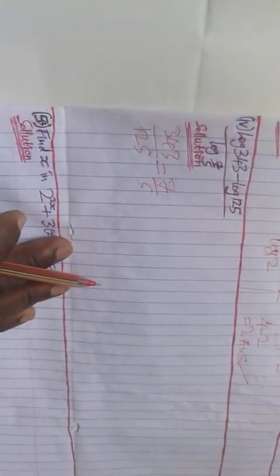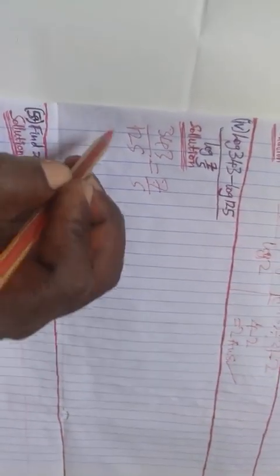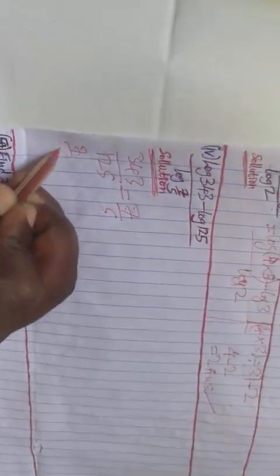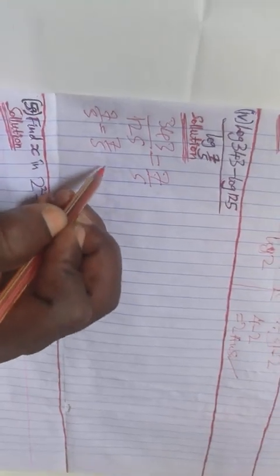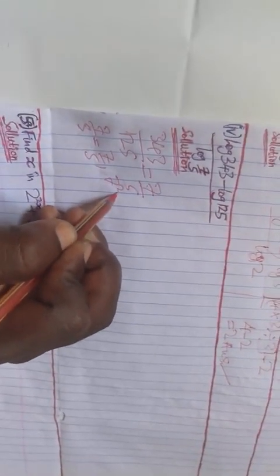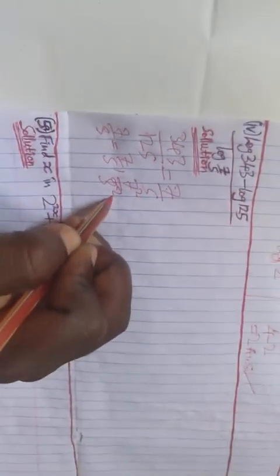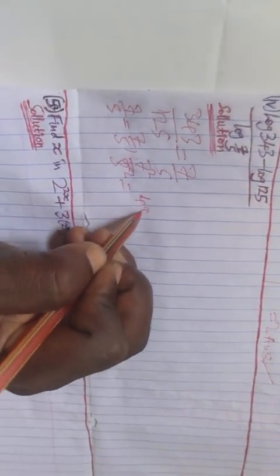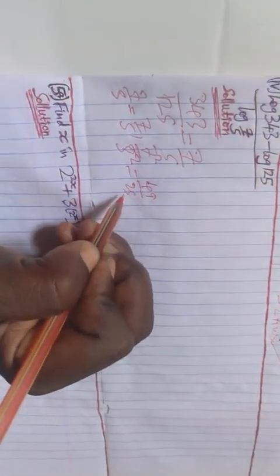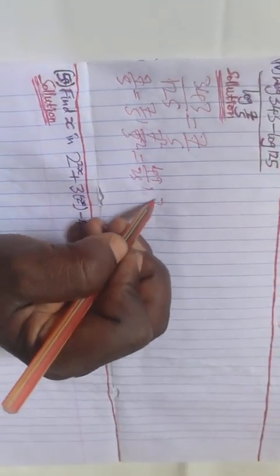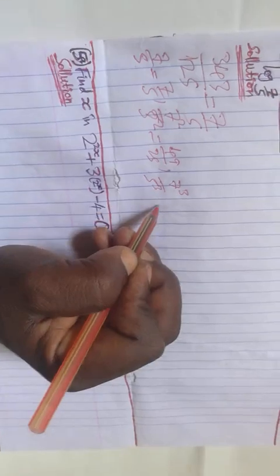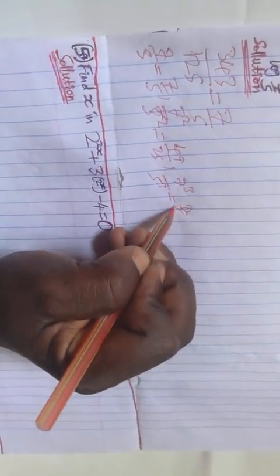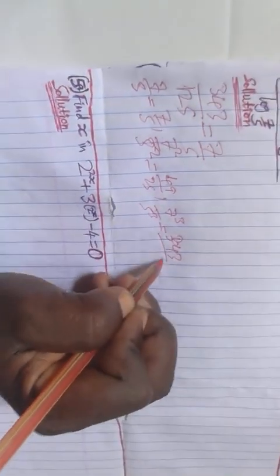Let us try 7 over 5, which gives us 7 squared over 5 squared, which is the same as 49 over 25, which further gives us 7 power 3 over 5 power 3, which will give us 343 all over 125.